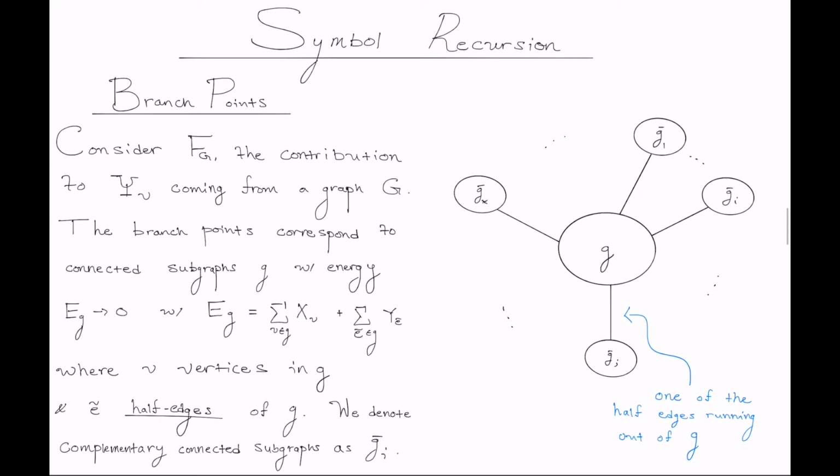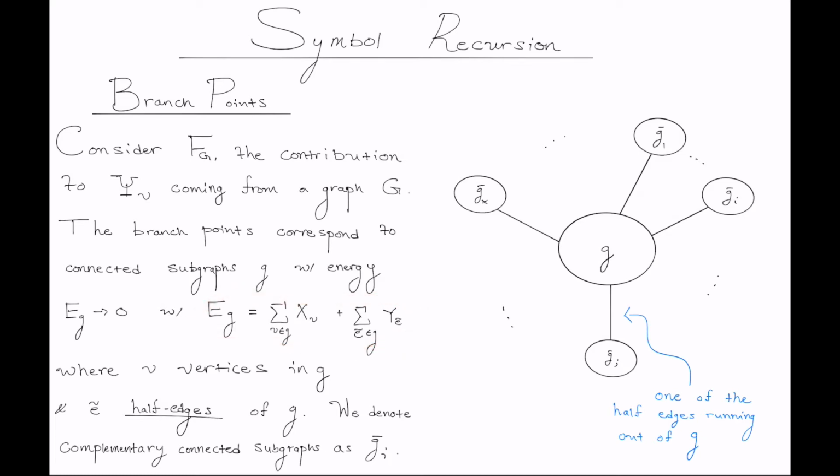So the statement about the location of the branch points of a contribution to the dS wave function is that if we consider a contribution F_G associated with some general graph G, then the branch points of this contribution correspond to connected subgraphs, lowercase g, so this connected subgraph, and the branch point is located where E_g, the energy that we define here, goes to 0.